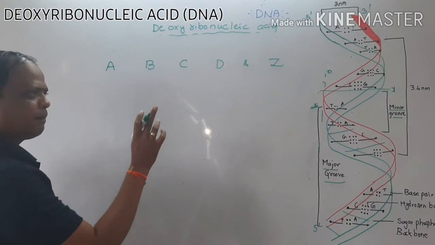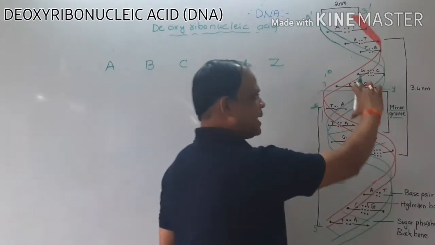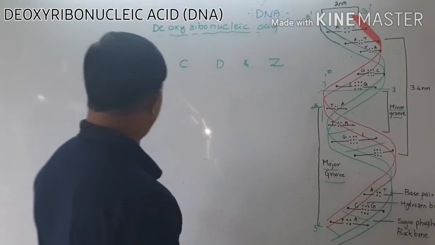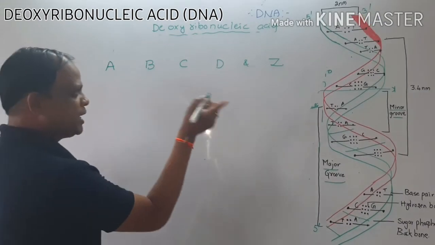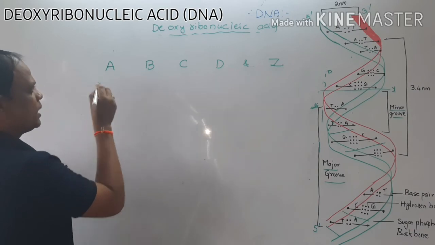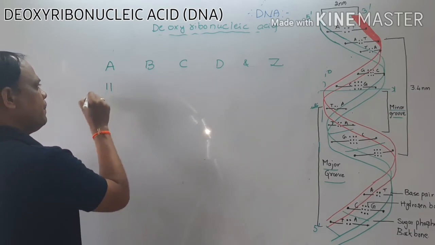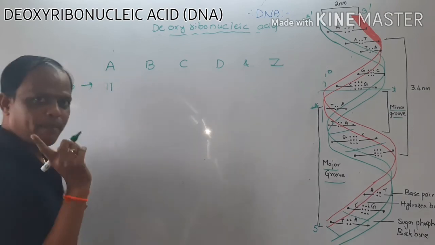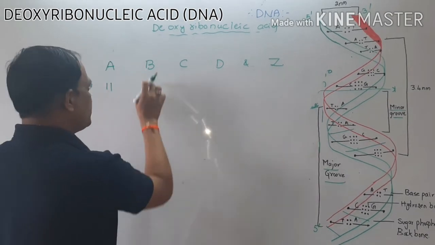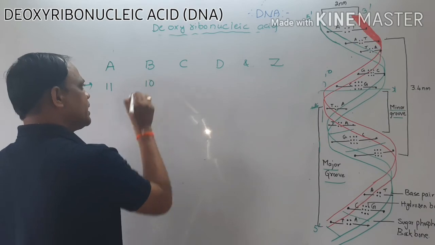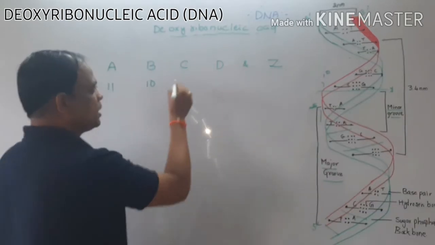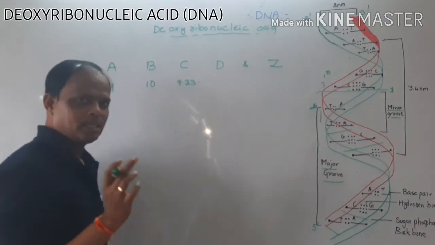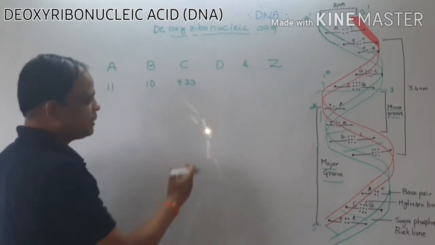Based on the base pairs, one helix can contain a certain number of nucleotides. The A type of DNA contains 11 base pairs, B DNA in one helix contains 10 base pairs, and C DNA has 9.33.